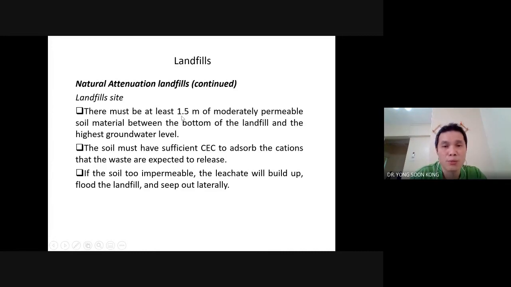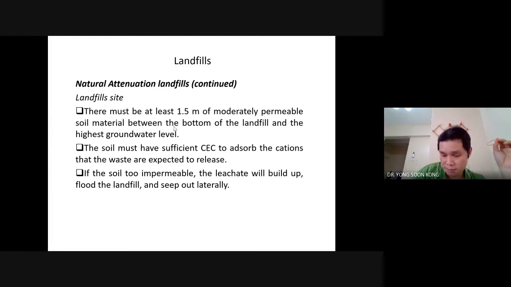So there must be at least 1.5 meters of clearance so that it is not too close to the water table, so that in the event of an accidental leak, it will not go straight to the groundwater. Because whatever is in the landfill will need to be contained.